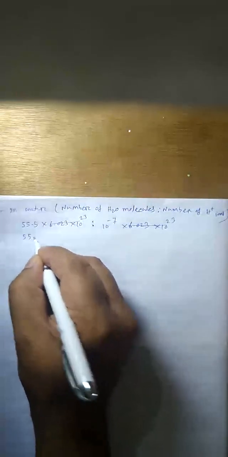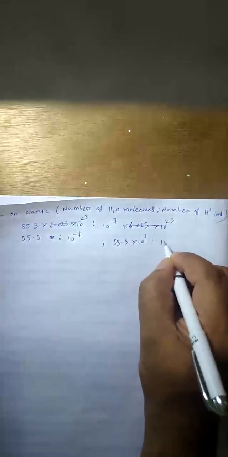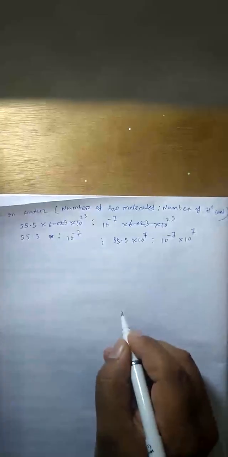Now this cancels. We get 55.5 is equal to 10 to the power minus 7. Multiply both sides by 10 to the power plus 7. 55.5 into 10 to the power plus 7 is equal to 10 to the power minus 7 multiplied by 10 to the power plus 7.